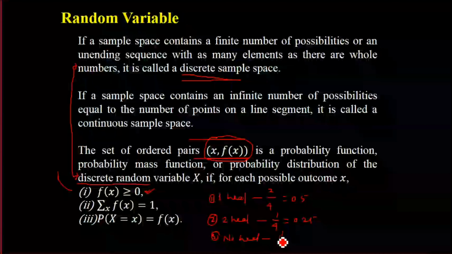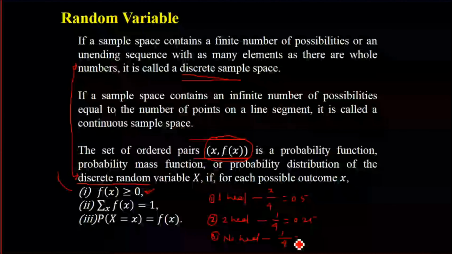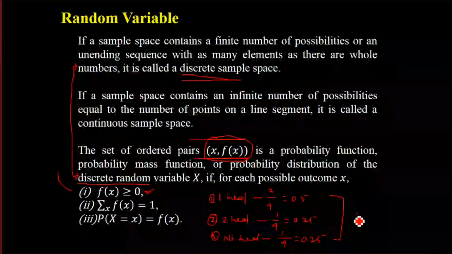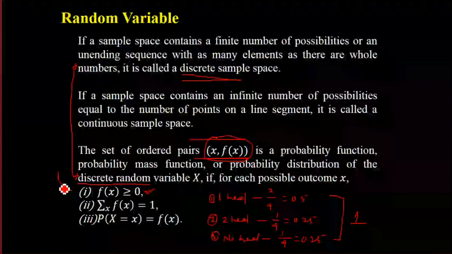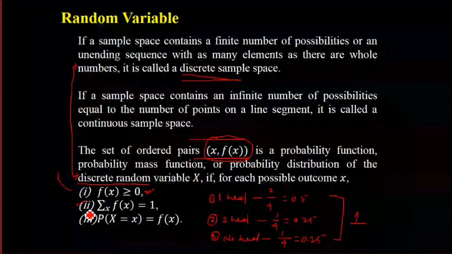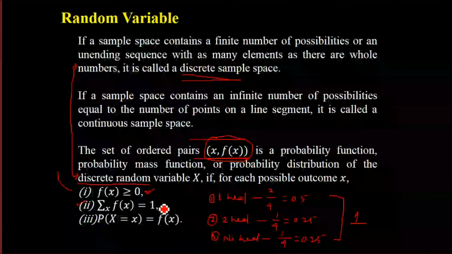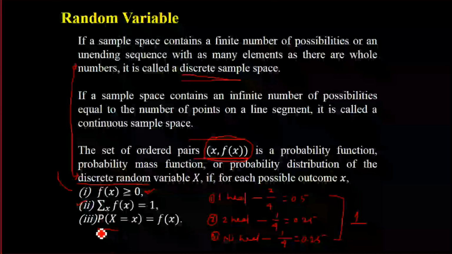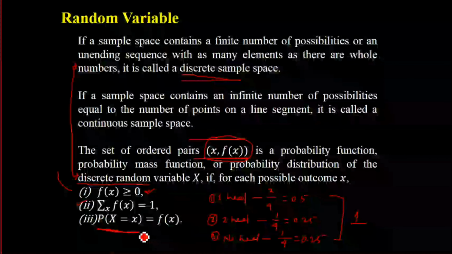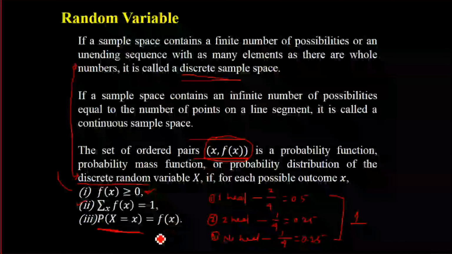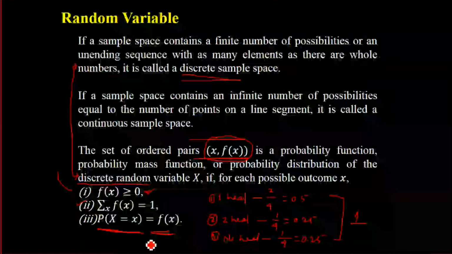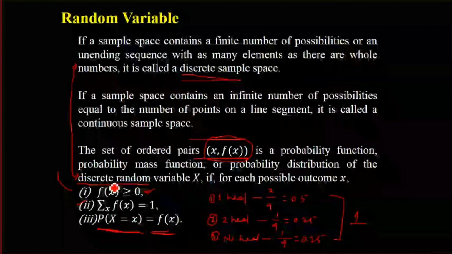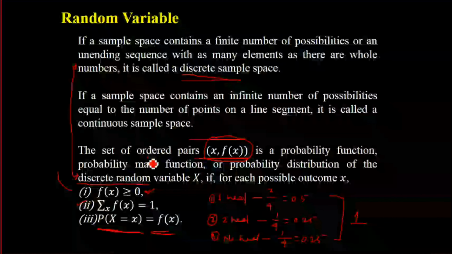Here also there is one chance, because two tails is one chance, so 0.25. You see, if we add these three values, it gives 1. So this is the property: if you add all the probabilities, it should be 1. Then the next thing is that the probability for this random variable, P of x equals f of x. If these three conditions are satisfied, it is called a probability mass function.